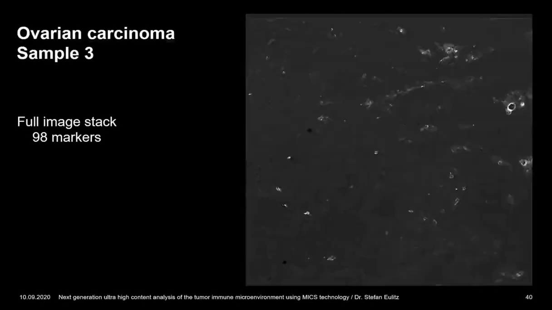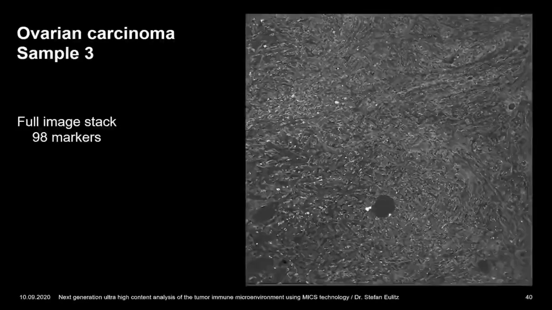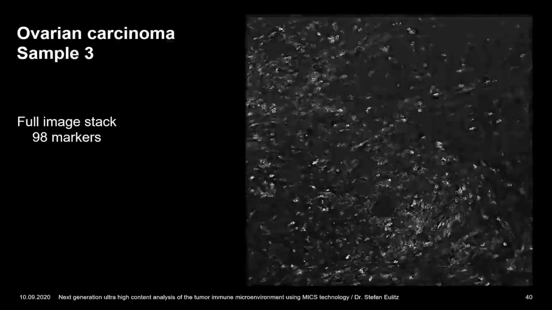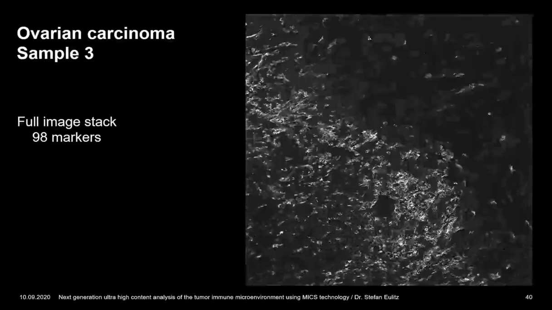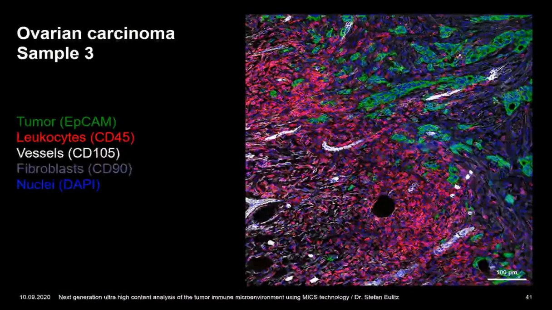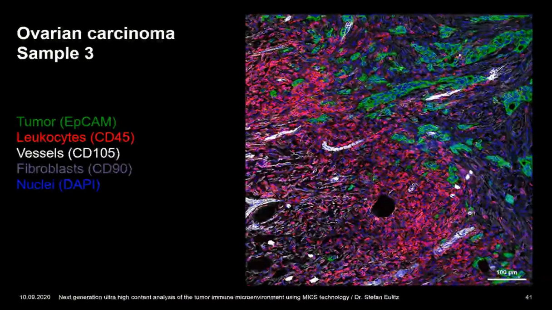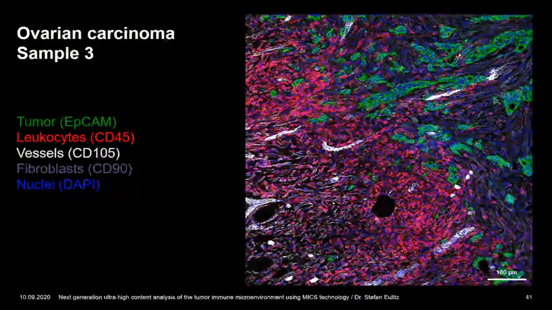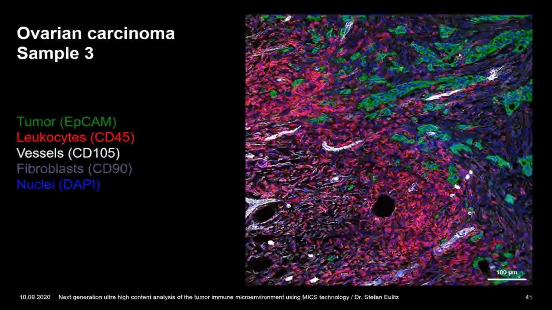In order to help you to get an overview, I will briefly show you the composition of the sample with the most important markers, as you have already seen for the other sample examples. So as you can see here, the tumor area is again indicated in red using the EpCAM signal, and the leukocytes are shown in red.